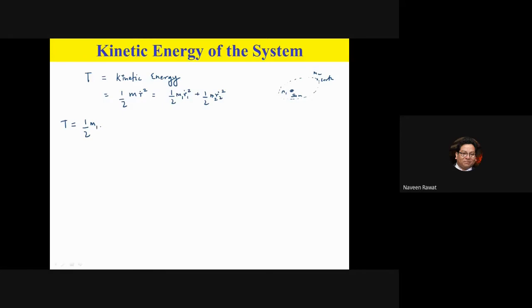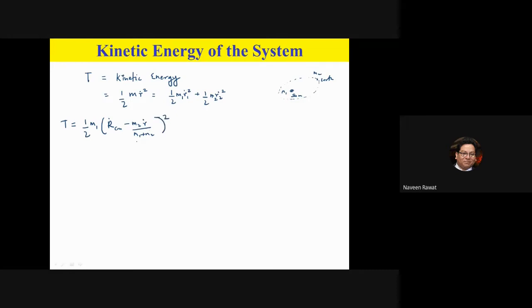So I have 1 half m1, and instead of r1 dot I can now plug in the value from my equation before, which is r dot center of mass, and this is m1. So I will have essentially a minus sign here, m2 r dot divided by m1 plus m2, and that will be whole square.